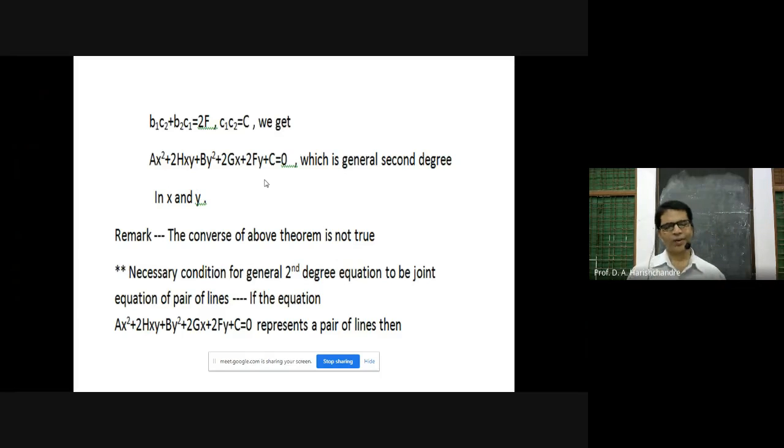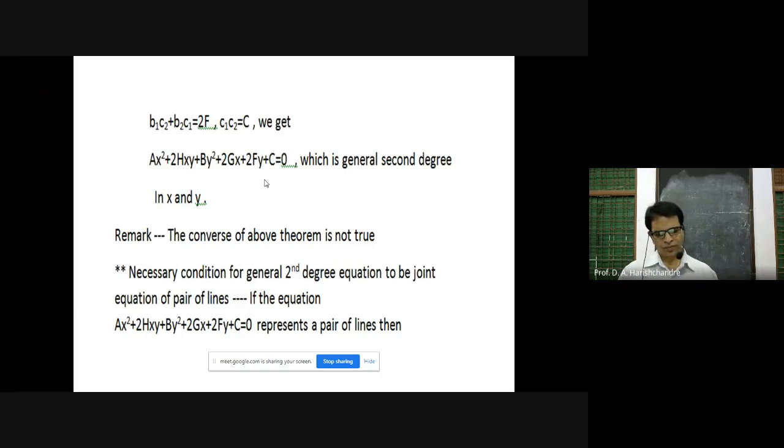Necessary condition for general second degree equation to be joint equation of pair of lines. Here we have to take the general second degree equation and we have to determine such a condition under which that general second degree equation becomes the joint equation of a pair of lines in the plane.